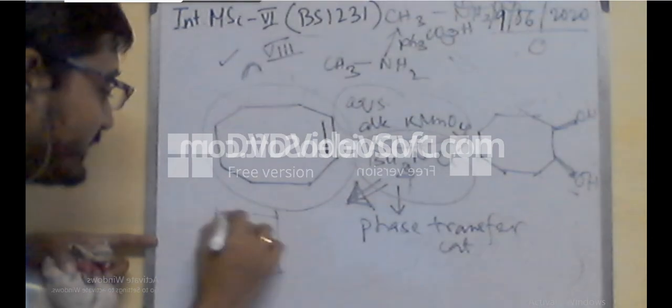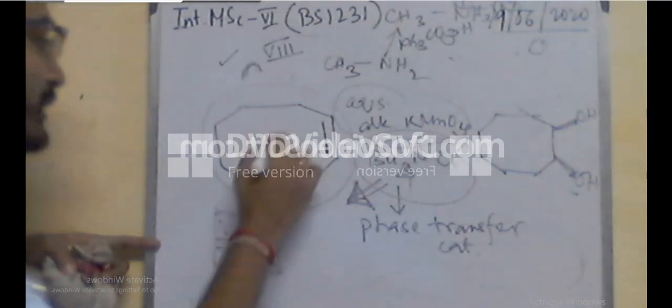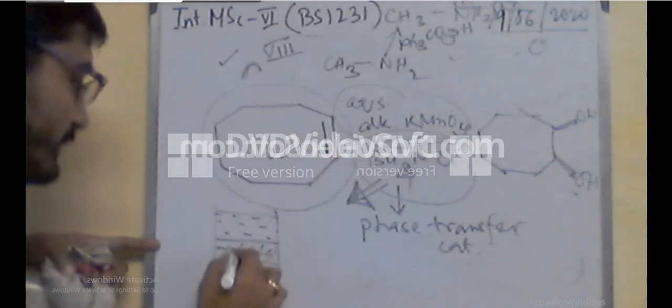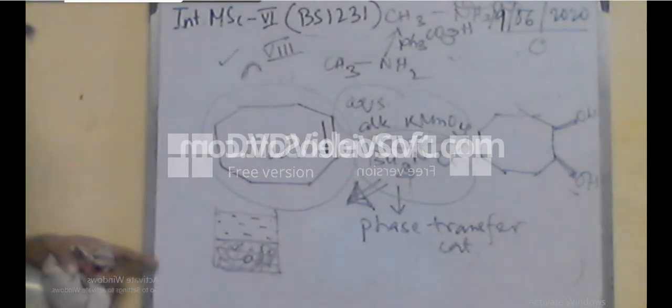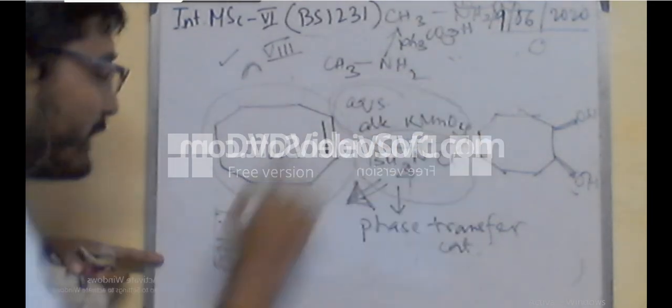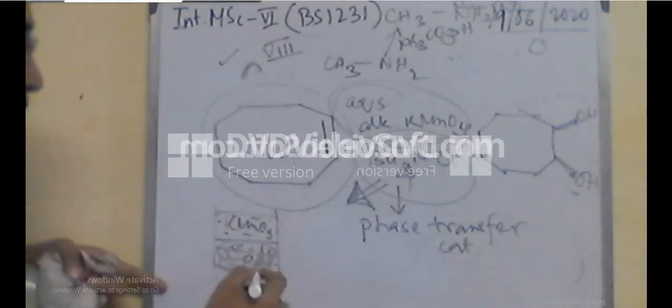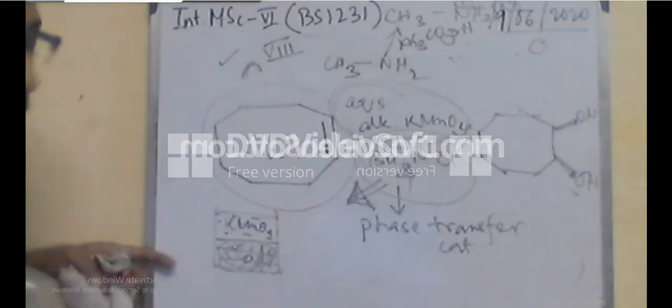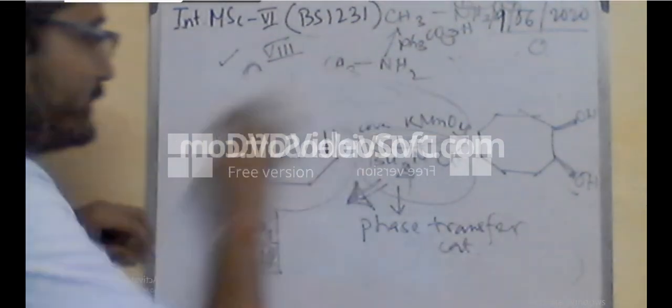If I draw the actual structure of the tetrabutyl ammonium, it is N plus with Cl minus. Now here you can see both the hydrophobic character, that means the non-polar part, as you know the butyl chain is the non-polar or hydrophobic chain.